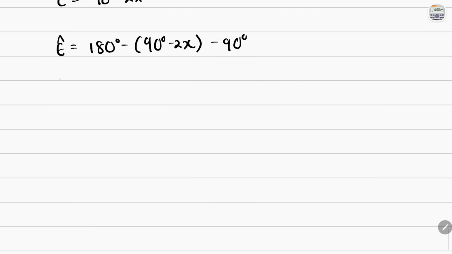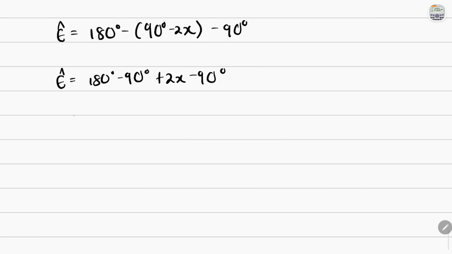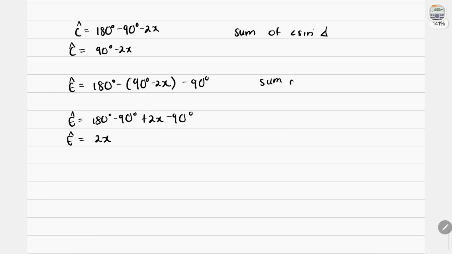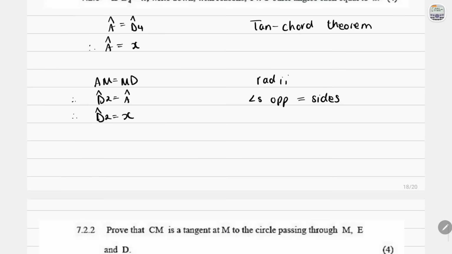So angle E is 180 degrees minus 90 degrees, which becomes a plus 2x, and then minus 90 degrees. Negative 90 and minus 90 give you negative 180 degrees. So 180 degrees minus 180 degrees is 0, meaning angle E is just 2x. This is because of the sum of angles in a triangle. I'm sure there was a shorter way to do this, but that's what I'm seeing right now.